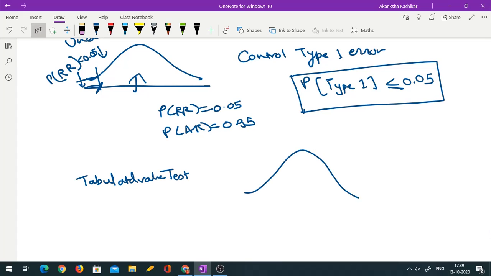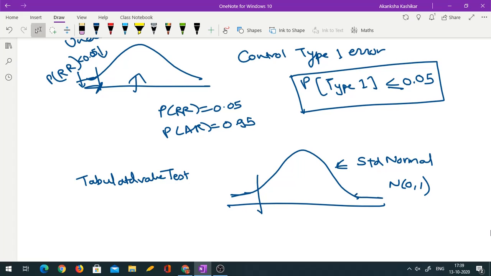So if we consider, suppose, the standard normal distribution, we know standard normal means normal 0-1 distribution, and if my rejection region is only one-sided, suppose here, then this minus 1.645 is actually the tabulated value of the test statistic. This is the notation T tab, because this is the point at which I have 5% probability here and 95% probability here.